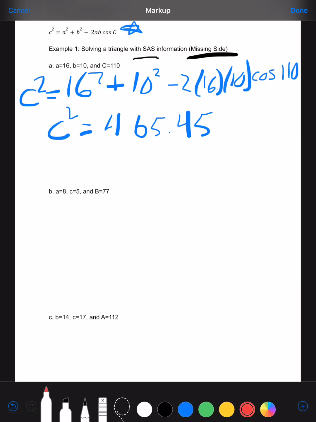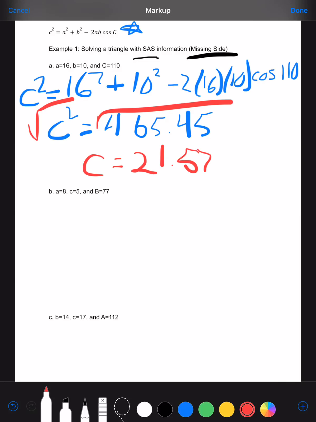Now, since we have c squared, we're going to square root both sides. So second, x squared, 465.45, hit enter. We get c is equal to 21.57.